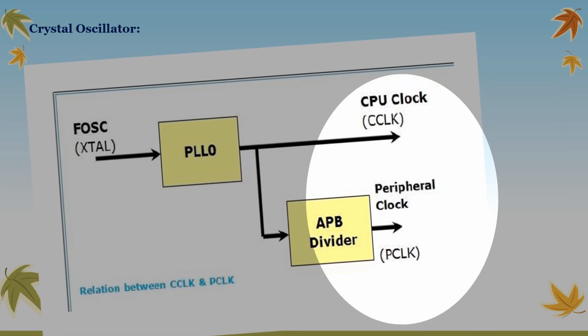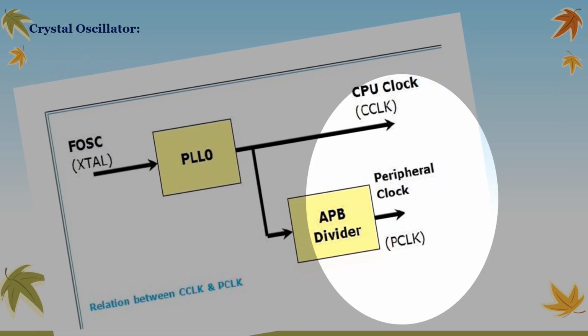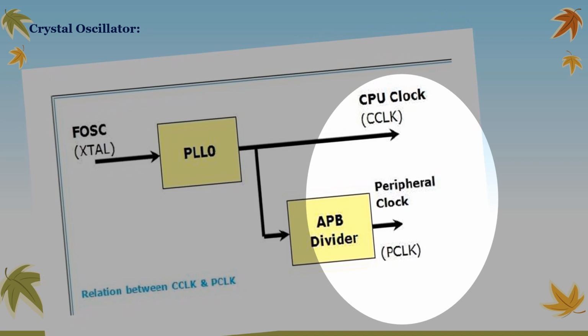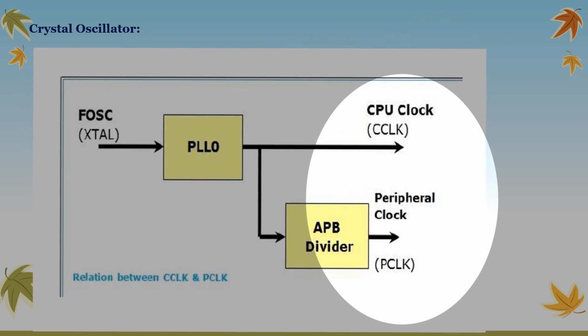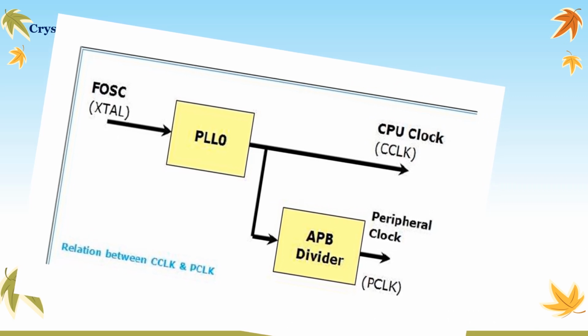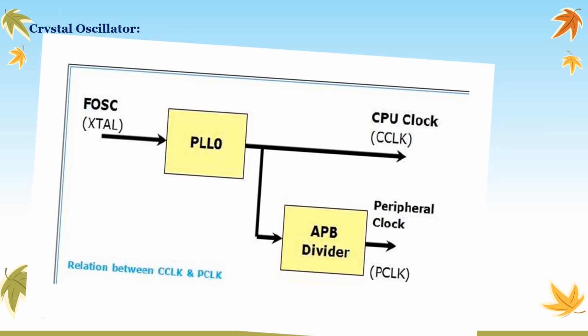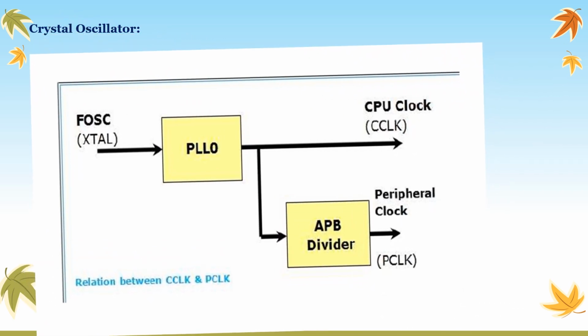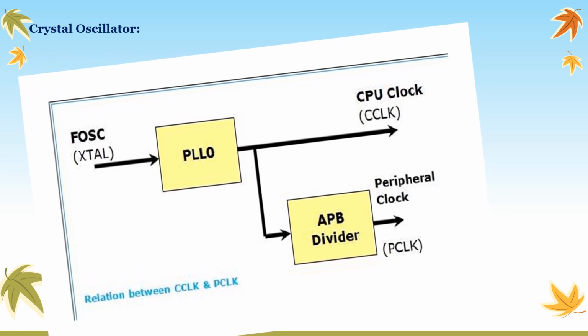ARM7 LPC2148 microcontroller needs two clocks, one for its peripherals and the other for its CPU. CPU works faster with higher frequencies, whereas peripherals need a lower frequency to work with.